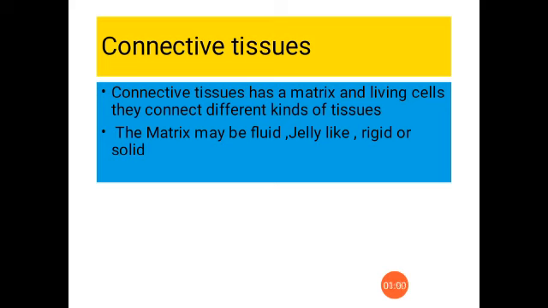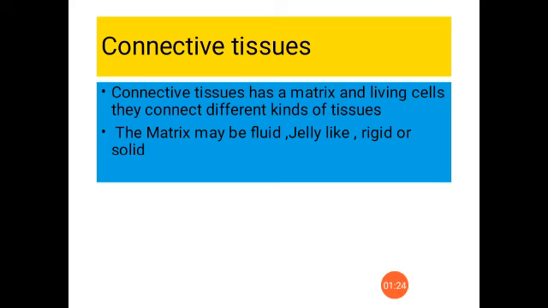What do you mean by matrix? In the cell, what is the matrix of a cell? Cytoplasm, isn't it? In which all the other organelles are kept. We studied that in the previous chapter. Likewise, here in the connective tissue you can see a matrix which is not living.